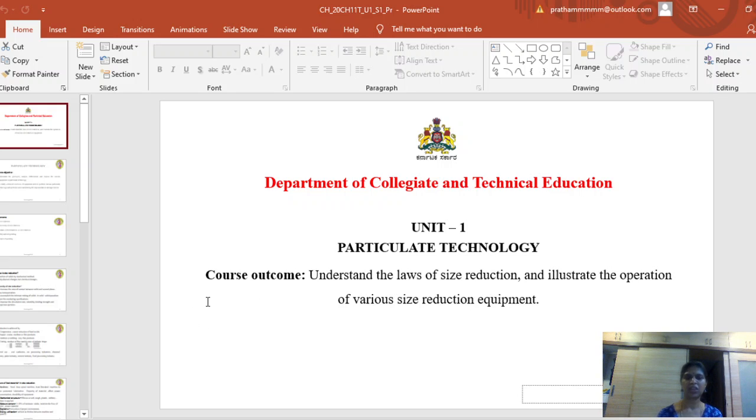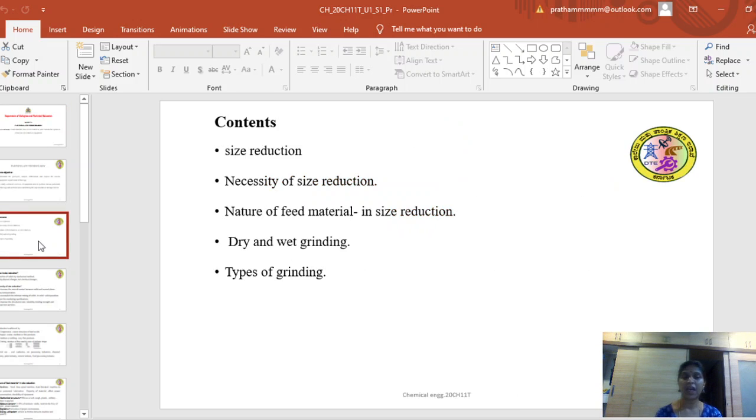In this session, I am going to cover the size reduction process: what exactly size reduction is, what is the necessity of size reduction, the nature of the feed material to be considered, and the types of grinding, that is dry or wet grinding.